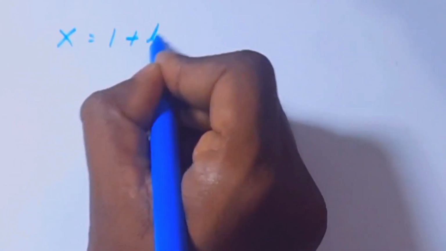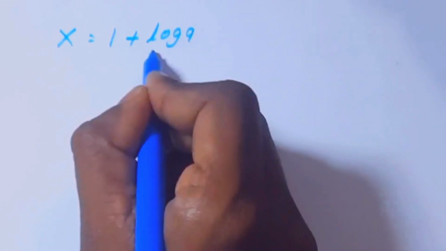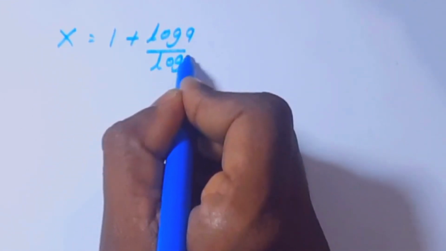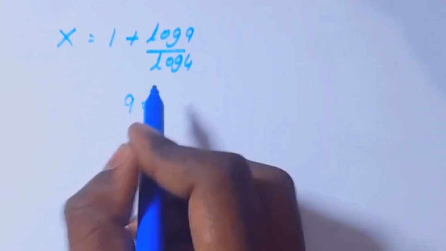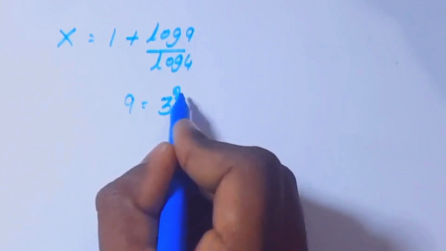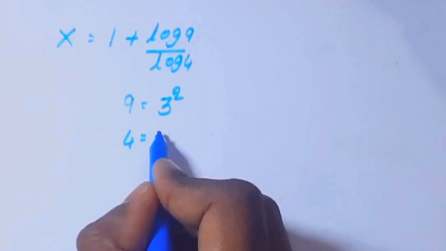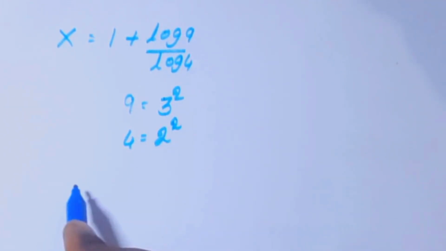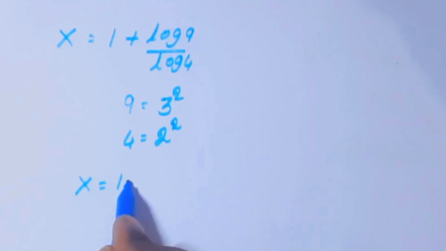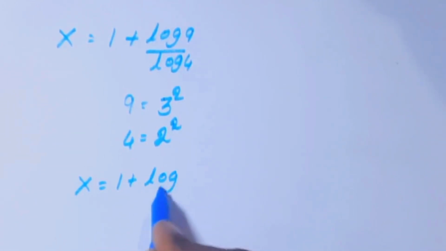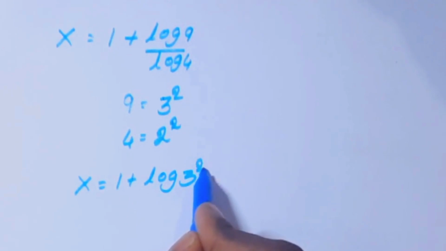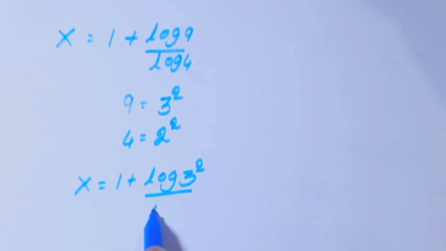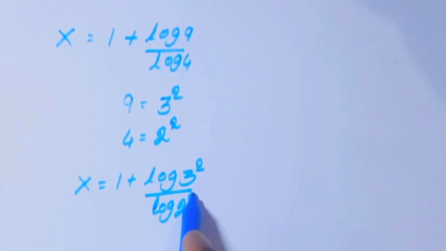So we have x equal to 1 plus log 9 by log 4. 9 can be written as 3 power 2, 4 can be written as 2 power 2. So x equal to 1 plus log 3 power 2 by log 2 power 2.